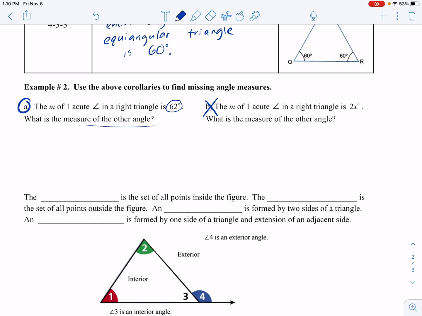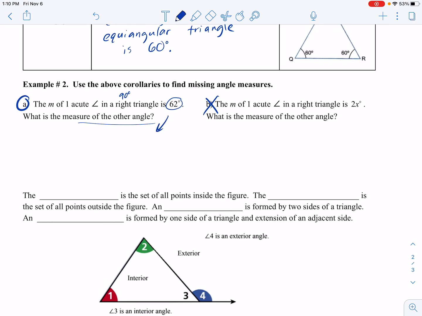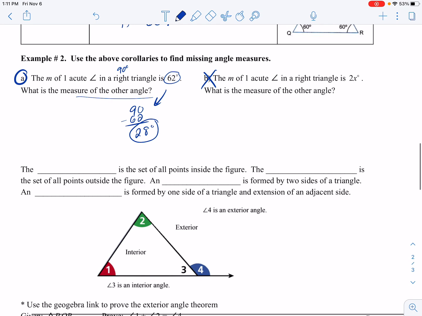What's the measure of the other angle? Well, if it's a right triangle, you know one angle is 90, so we know that 62 plus some other angle needs to equal 90 degrees. That would be 90 minus 62, which gets us 28 degrees. Okay, 28 plus 62 plus 90 equals your 180.